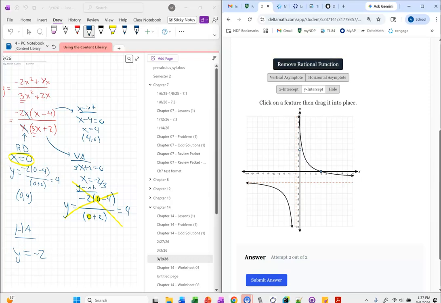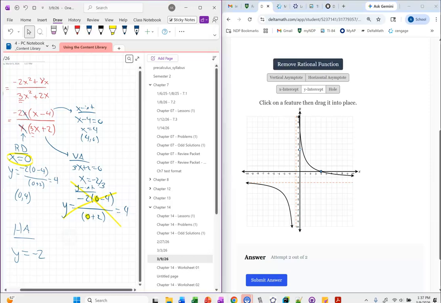I don't know, try that. Nope, I don't got it, because see, it didn't go through. But that's going to change. Does that change anything? Yes, it does.